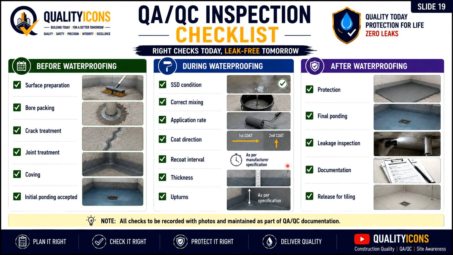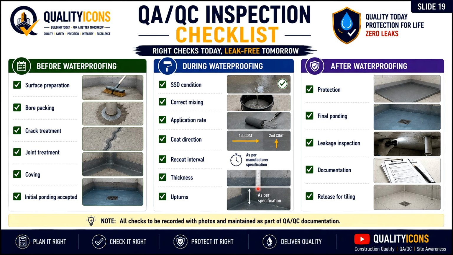QAQC inspection checklist: before waterproofing, during waterproofing, after waterproofing. Before waterproofing: surface preparation, pipe packing, crack treatment, joint treatment, coving, initial ponding accepted. During waterproofing: SSD condition, mixing, application rate, coat direction, recoat interval, which is very important, as per the TDS.